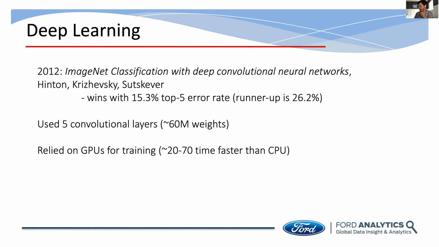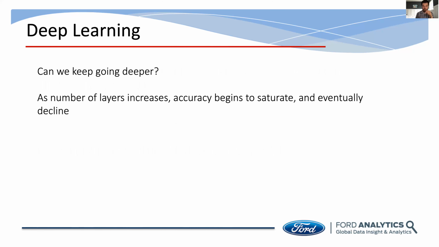So a natural question then is, can you keep going deeper? And people found that if you tried to go too deep, eventually the accuracy of your model would level off and then eventually even start going down. That seems counterintuitive, because if you have more layers, it just gives you more freedom to fit to your data.